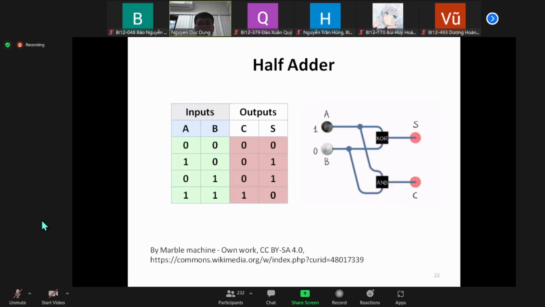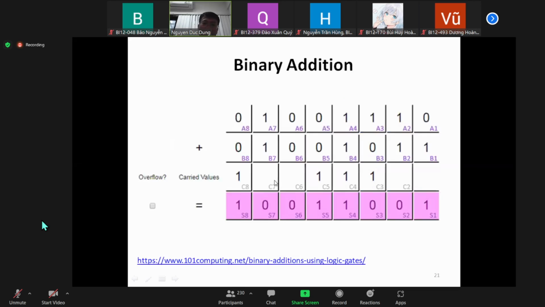The half adder takes only two inputs and produces two outputs. So why is it called a half adder? For the full addition operator, we need 3 inputs like this one.